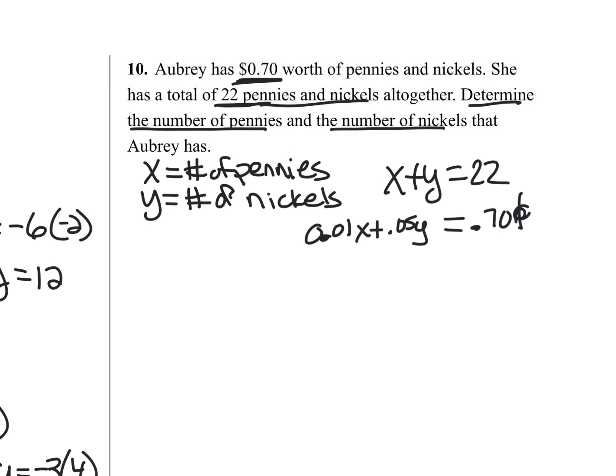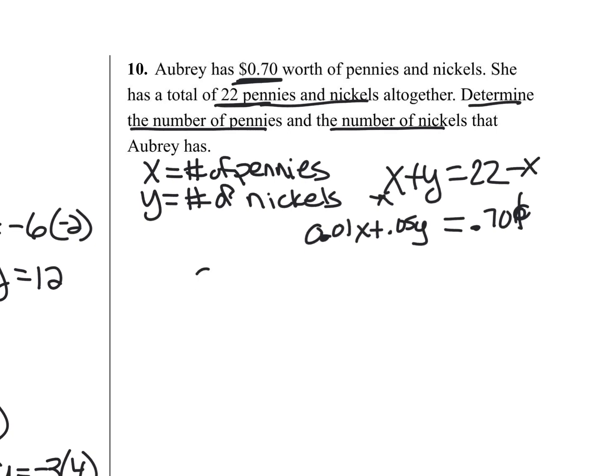So we can do elimination or substitution. And since I've got all these decimals, I'm probably just going to do substitution. So I'm going to get this variable by itself.